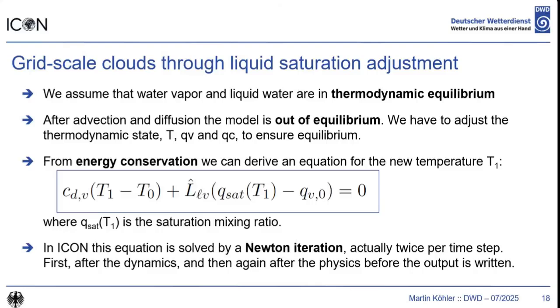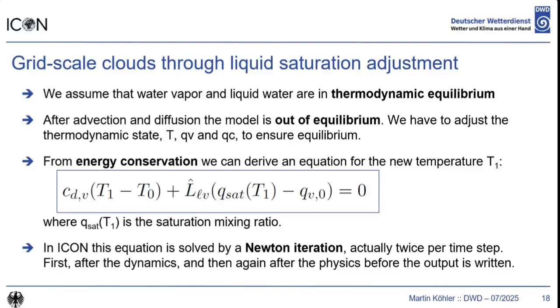As soon as the relative humidity becomes exactly 100%, cloud droplets are created. Then you warm up your temperature a little bit, which means your cloud droplets become a little less because of the warmer temperature. So you have to iterate. You have to do a Newton iteration.